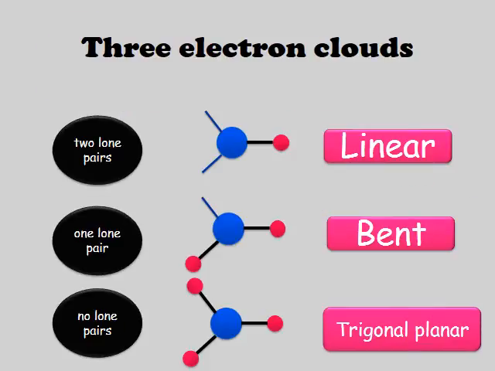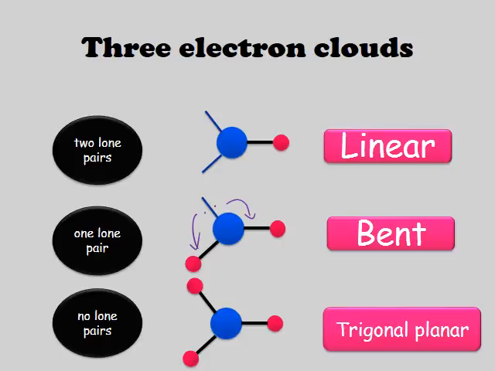If you have three electron clouds, then there are more options. If you have two lone pairs, then you're going to get a linear molecule. And if you have one lone pair, it's going to be bent. An example being, of course, water, because the non-bonding electron pair is going to push against the bonding pairs of the hydrogen and oxygen.